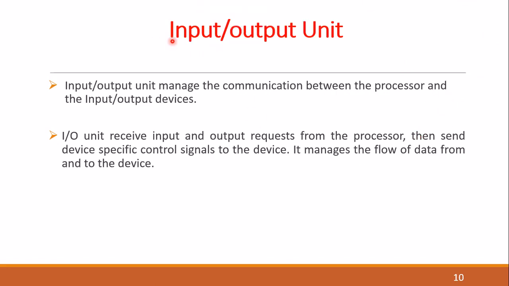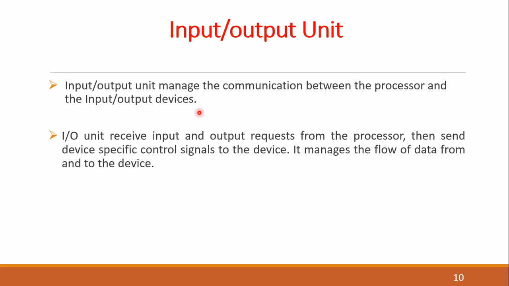This is our last slide of today's lecture, input and output unit. Also the last portion of our computer systems. We give the instructions to the input unit for processing, and the processed data is displayed by the processor at the output devices.